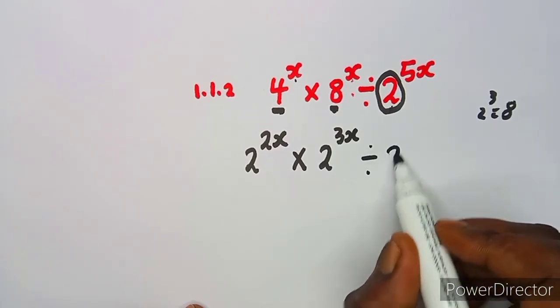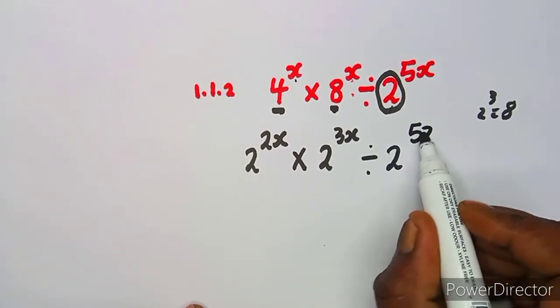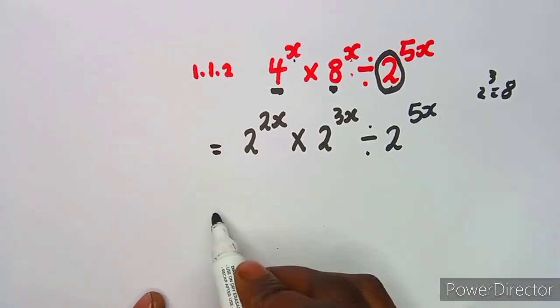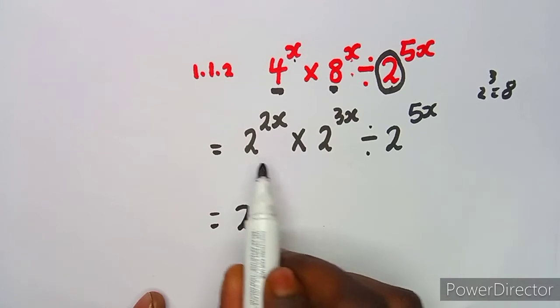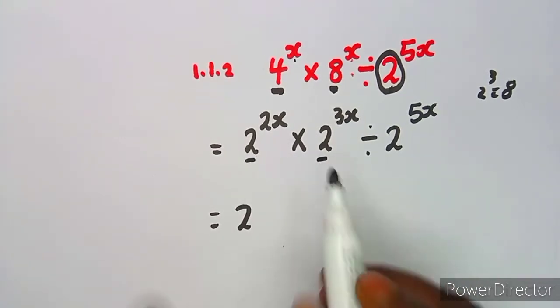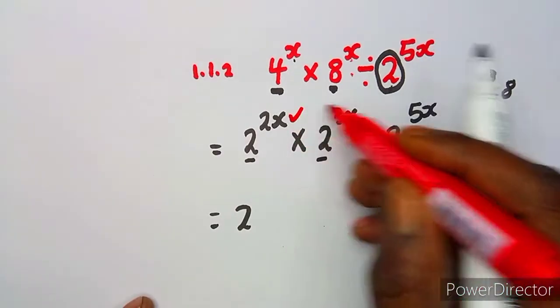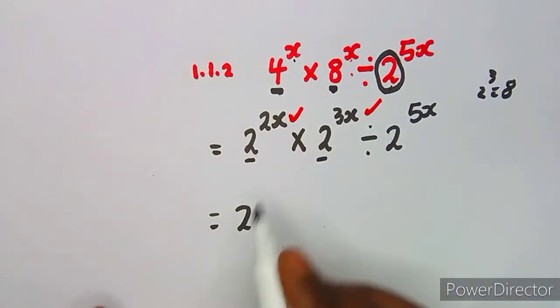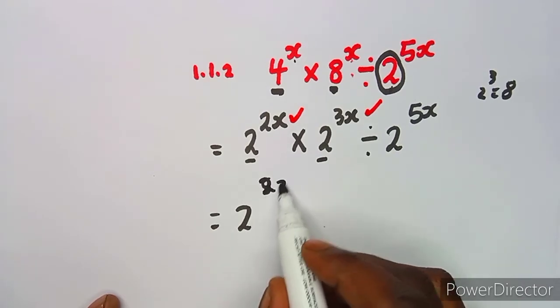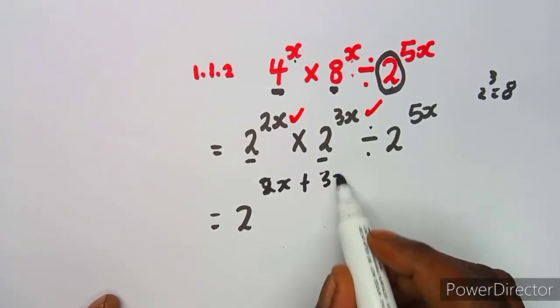Okay, divide by 2 to the exponent of 5x, like this. So now we can apply our laws. Remember, guys, whenever you are multiplying like this, the bases, when they are the same, you add the exponents. So it is going to be 5x here, because we've got 2x plus 3x.